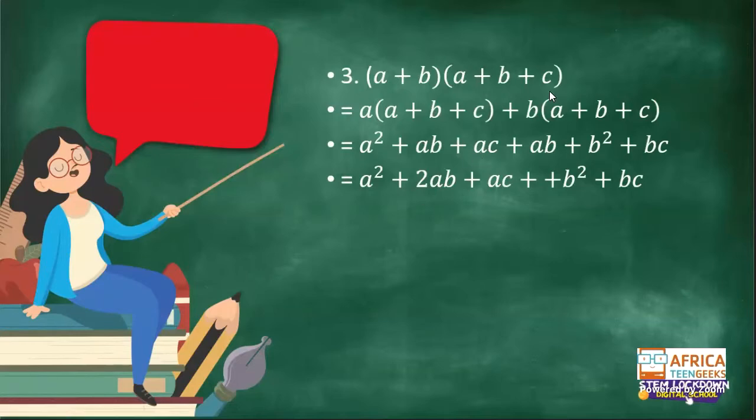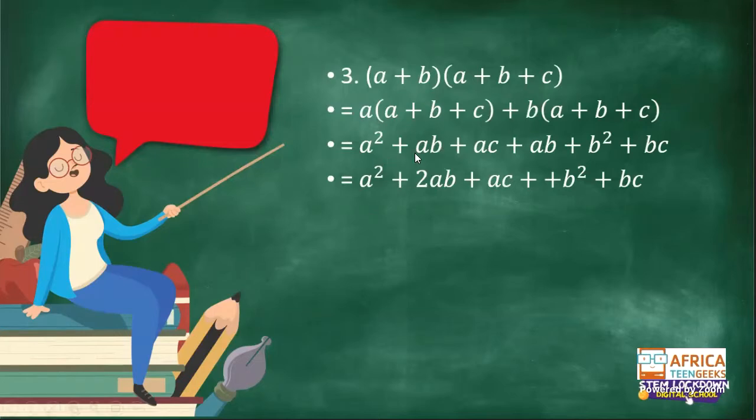And then you go to b: b times a gives you ab, b times b will give you b squared, b times c will give you bc. Now at this point, you should be able to add them together.